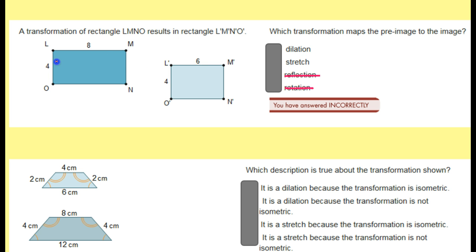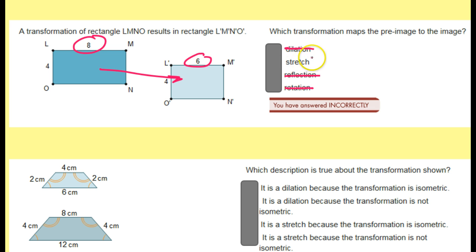But notice the 4 and the 4. Those did not increase. Only the length increased. The 8, well, did I say increase? Decreased. It went from 8 to 6. So since all of the sides didn't change at the same rate, it's not a dilation.